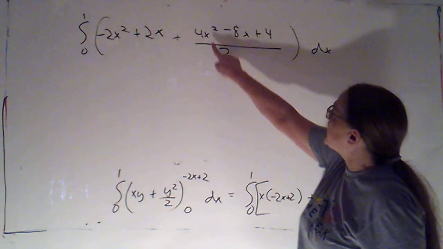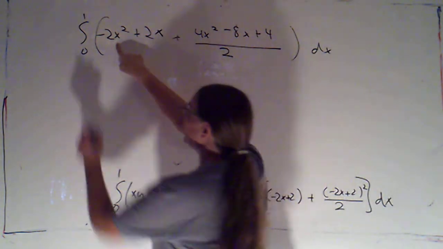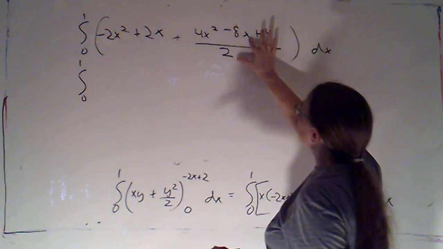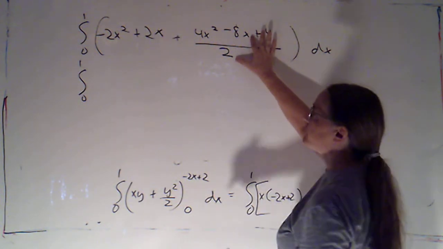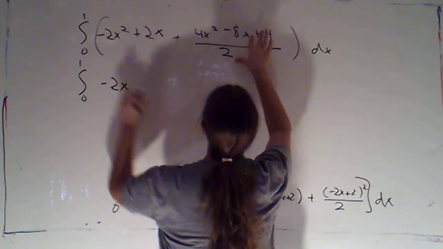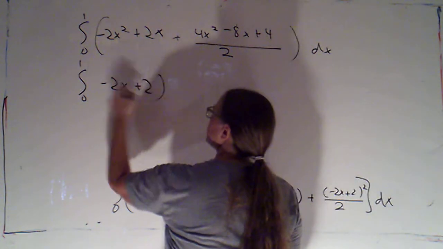So let's see. 4x squared over 2 is going to be 2x squared, and that'll cancel with this piece. Here I've got 2x. This is going to be negative 8x over 2. That's going to be negative 4x. 2x minus 4x is negative 2x. And then 4 over 2 will give me a plus 2.